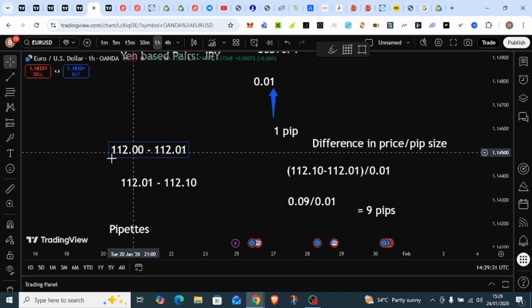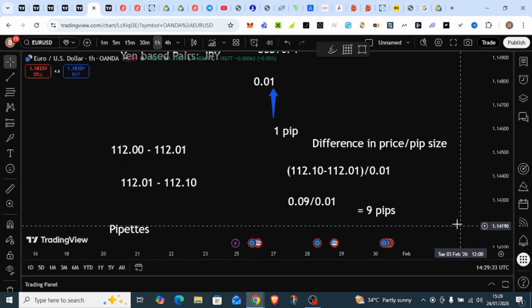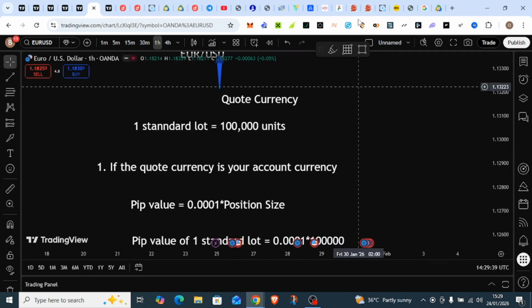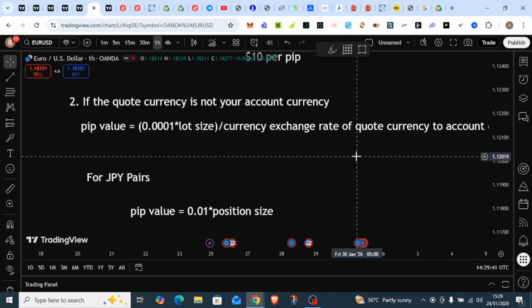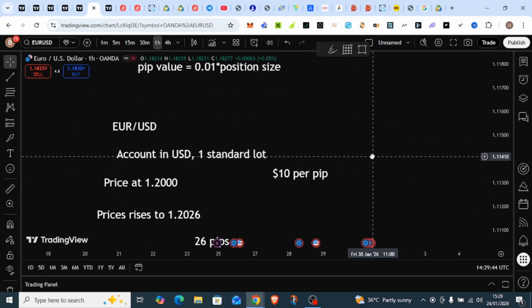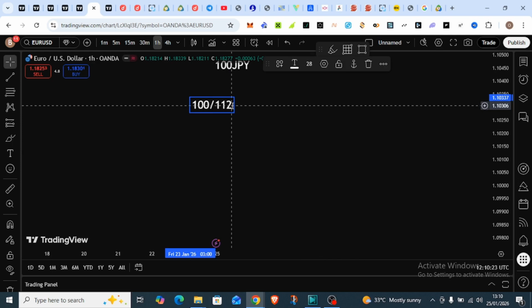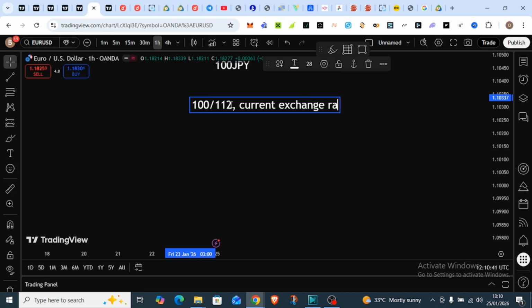Let's continue. So we have 100 over 112. You have the current exchange rate.